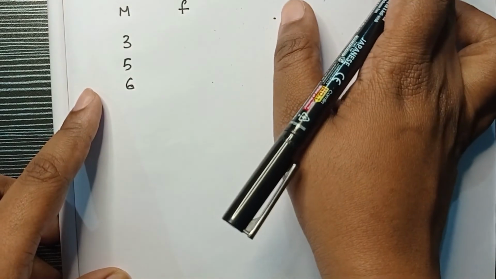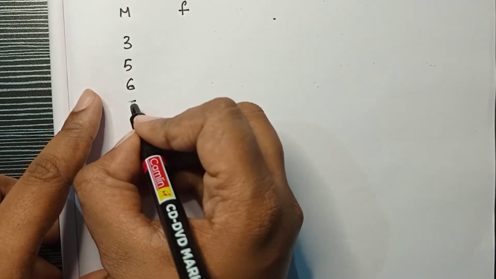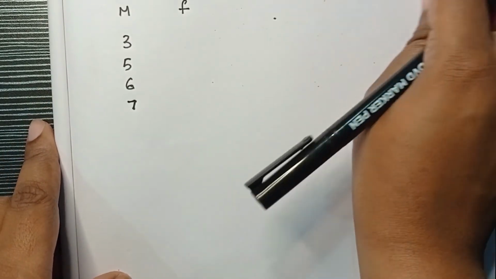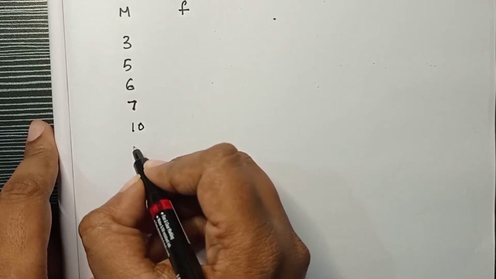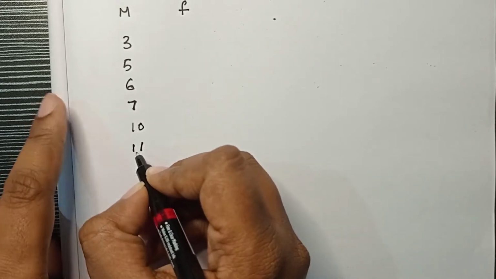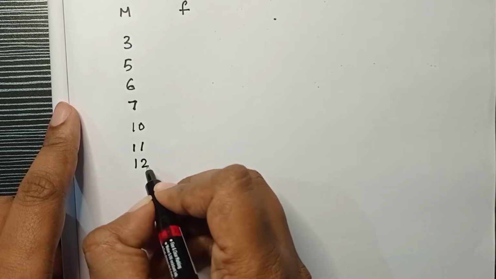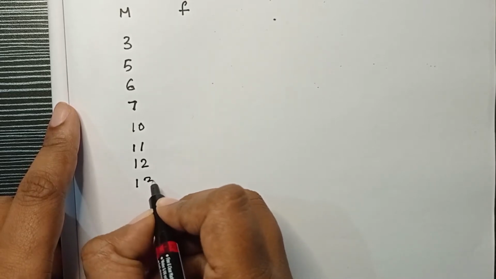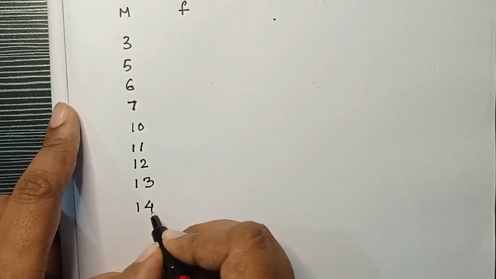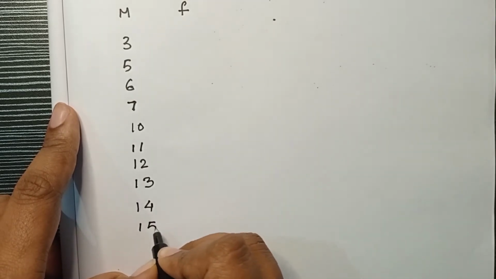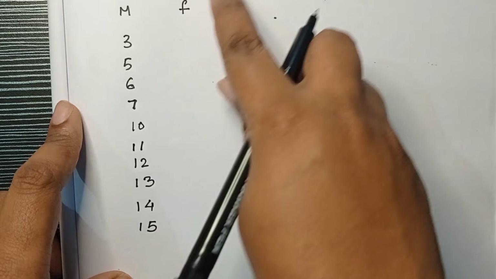After that we'll write 7, because I'm going to arrange it in ascending order. Then you have 10, 11, 12, 13, 14 and finally 15.